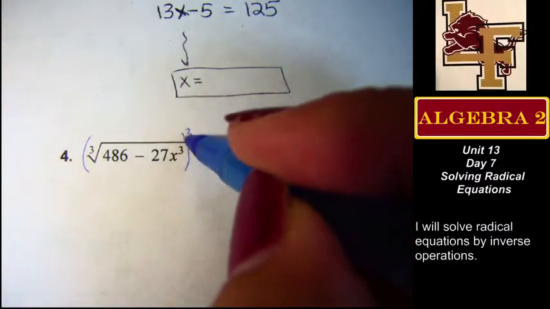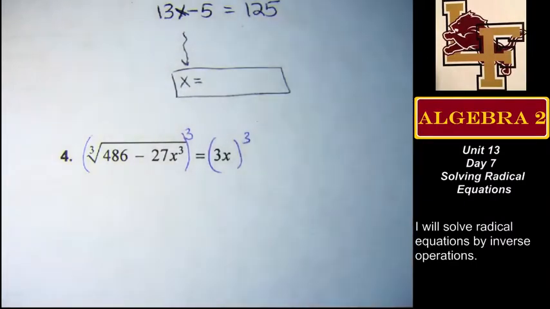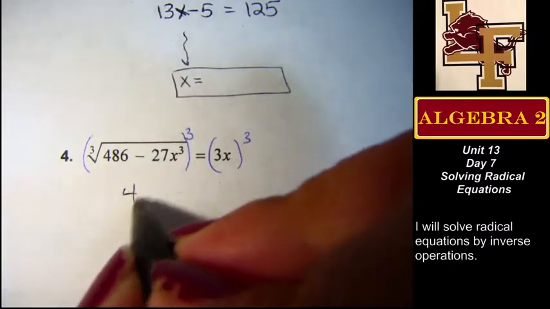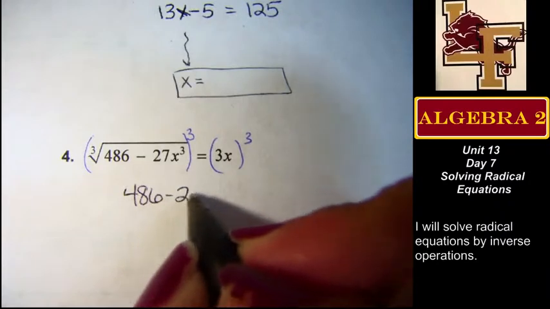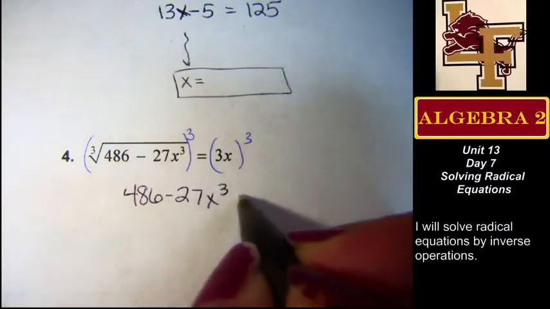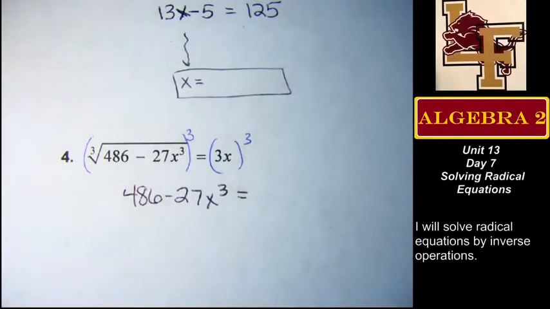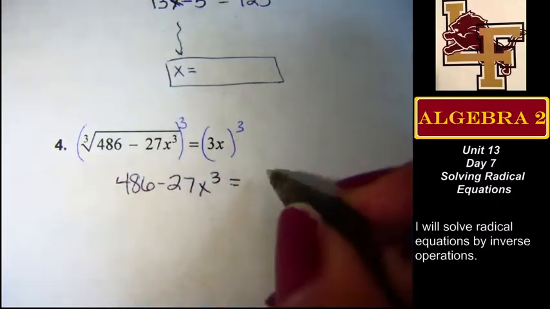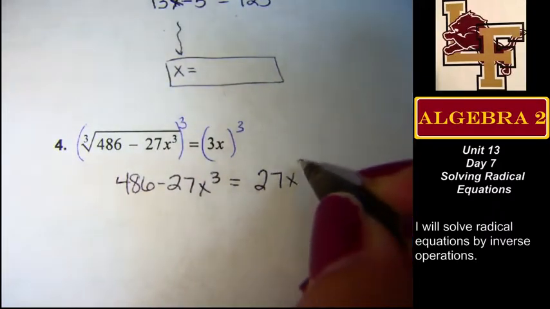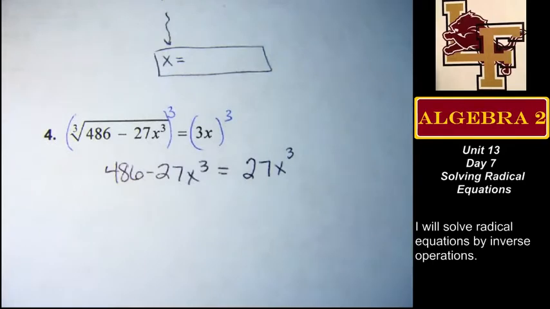Cube power. Here's the stuff inside of the radical. Do not change the stuff inside of the radical. And then here is the right-hand side with the cube applied. Now from here I have a couple options.